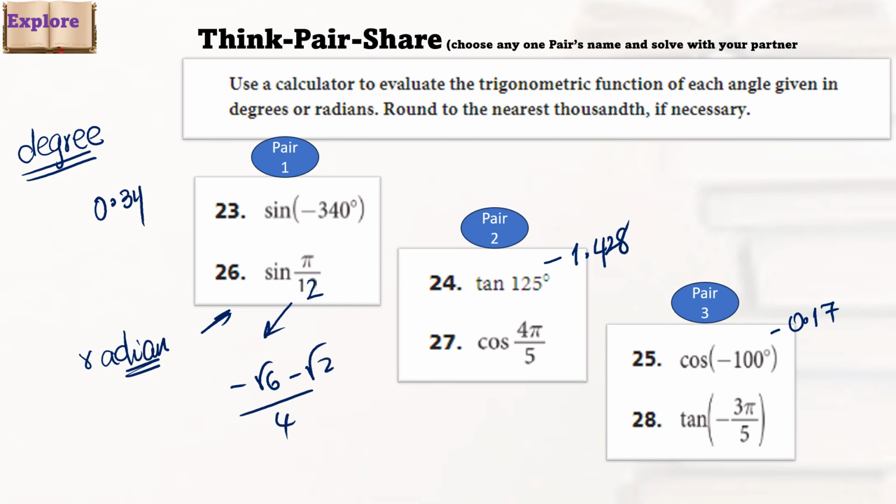Then if I write here cos 4 pi by 5, my answer is negative 0.809. And if I write here tangent negative 3 pi by 5, my answer will be 3.077, or 3.078, because after the 7 there is a 6, so I round it up.